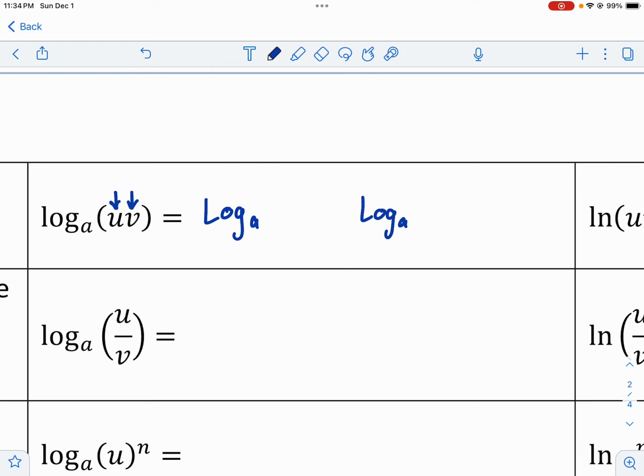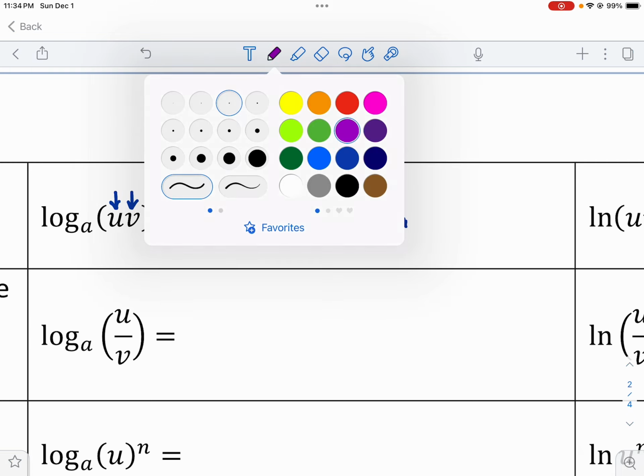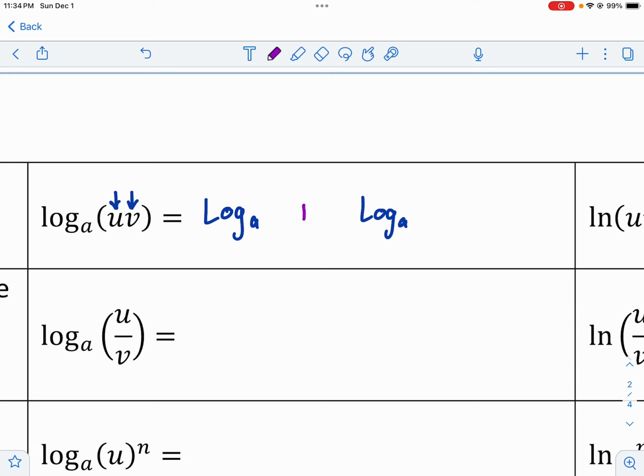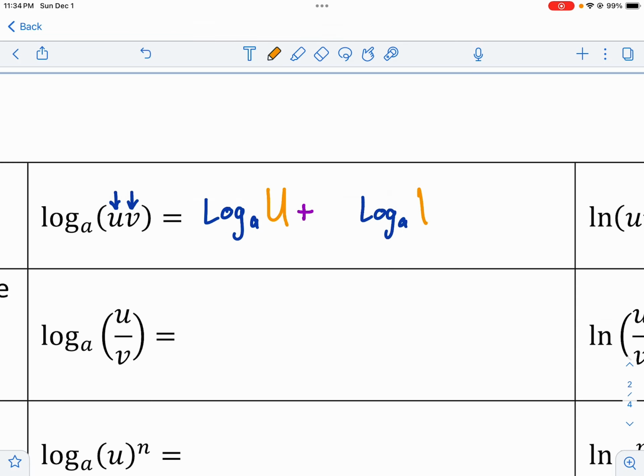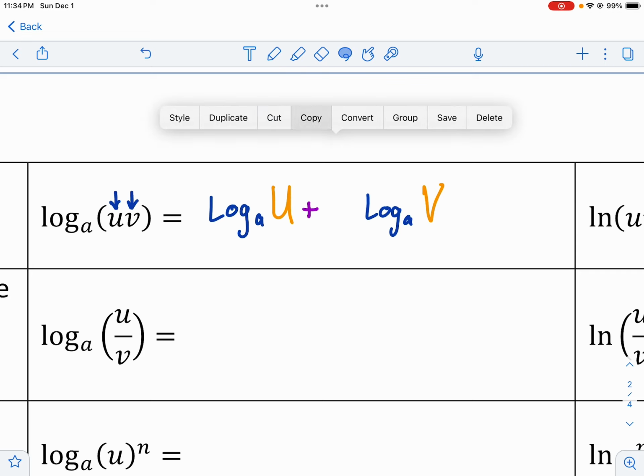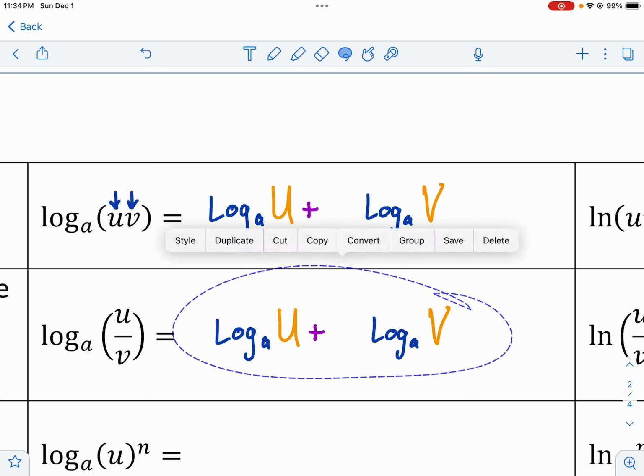They're being multiplied, therefore they're being added. And then each one just gets their own. I'm writing really big so that you can see where the U and the V are coming from. But that's really it. If they are being divided, then you just simply subtract them.